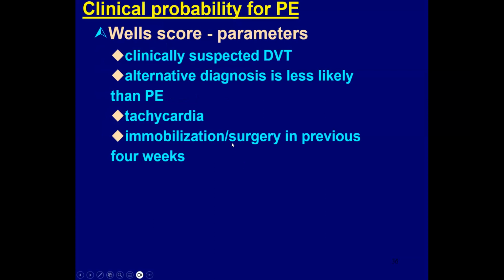There is a clinical probability score. This is known as the Wells score. The parameters of the Wells score include a clinically suspected deep venous thrombosis. Also, that an alternative diagnosis is less likely than PE, the presence of tachycardia, and also immobilization or surgery in the previous 4 weeks.